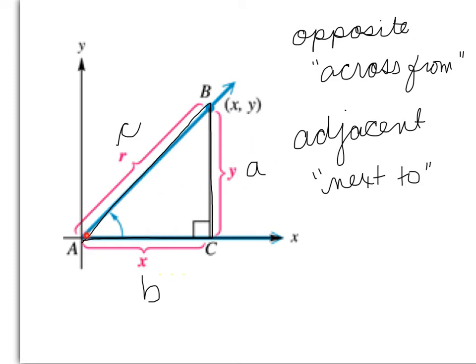Side A is opposite angle A, adjacent to angle B. Side B is opposite angle B, adjacent to angle A. When we talk about the trig functions on right triangles, we use the acronym SOHCAHTOA.